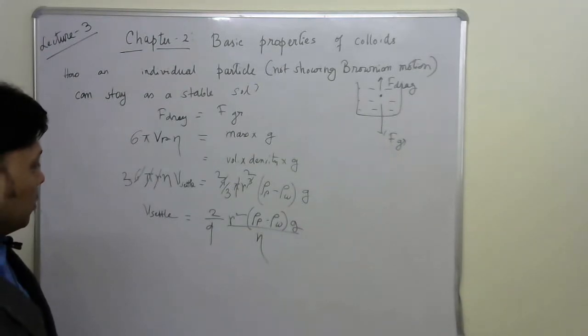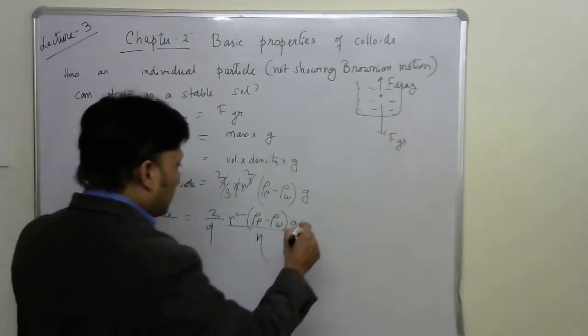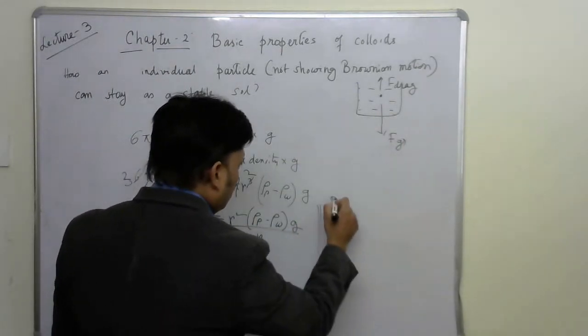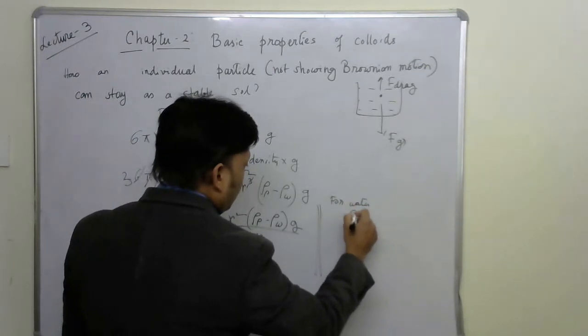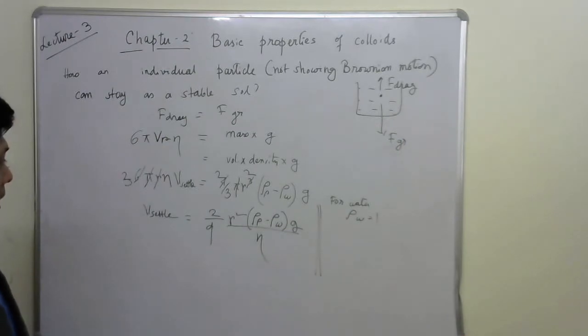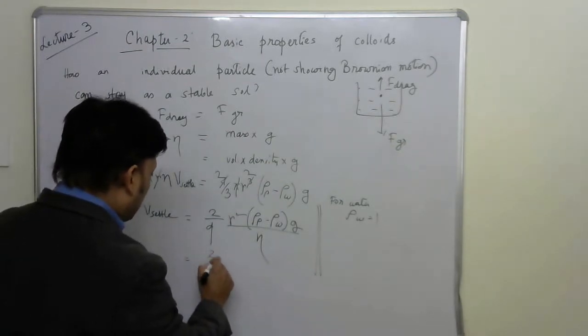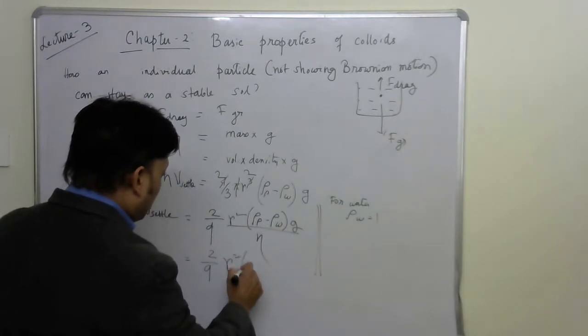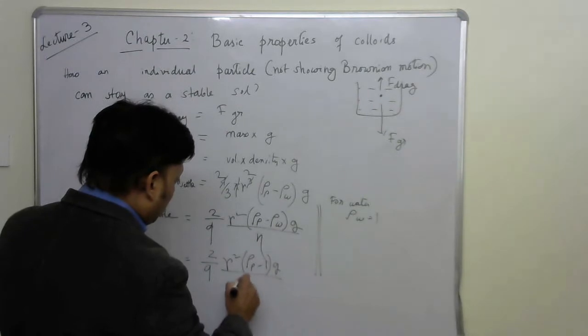So now the most common system is water, so for water we can say rho w is equal to 1. Okay, and if rho w is equal to 1, for water this becomes 2 over 9 r square, rho minus 1, multiplied by g divided by eta.